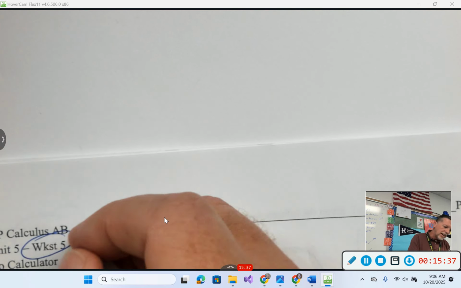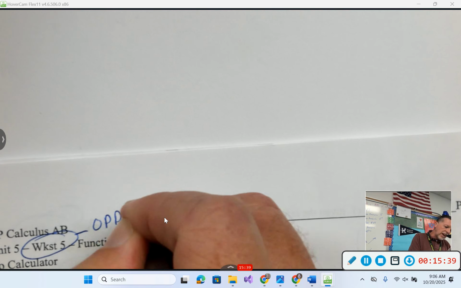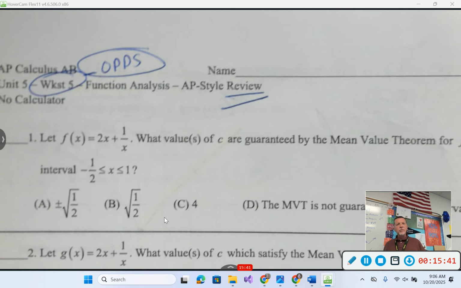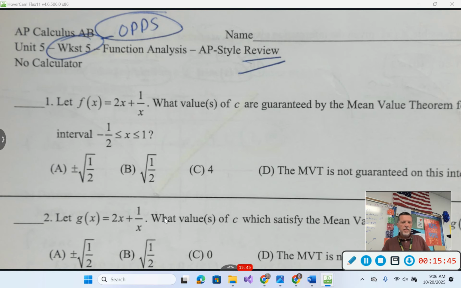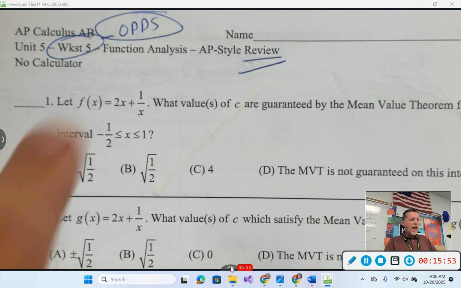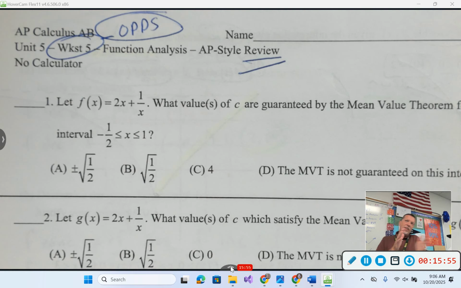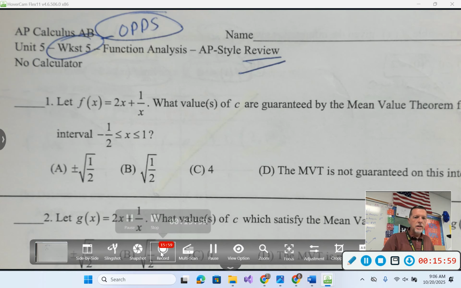In fact, I'll just tell you now, so if you want to start ahead, I'll only assign the odds on worksheet 5. And then we'll work some of those tomorrow as well. So finish worksheet 4, that should be easy, and I would try some of worksheet 5 so that you're ready to review tomorrow.